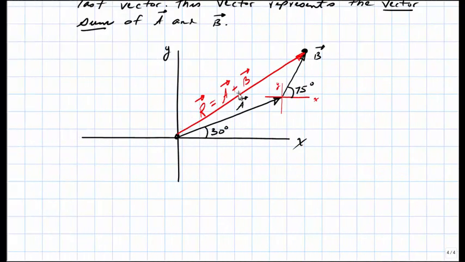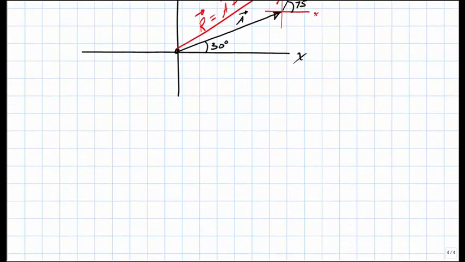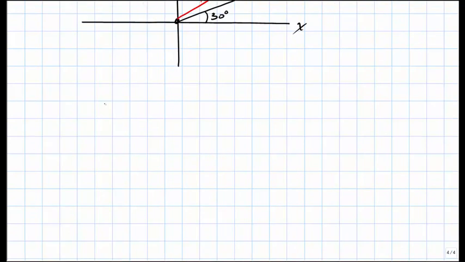So now this resultant vector raises the following questions. How do we determine the magnitude? In other words, how long is the vector R? And we're also interested in determining the angle that is related to vector R. So let's pose that question and then we'll answer it.